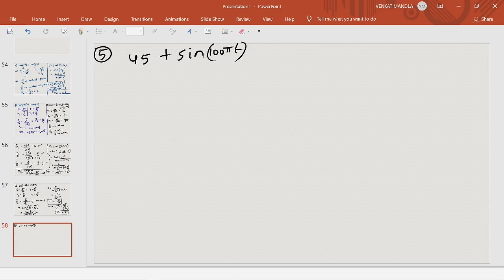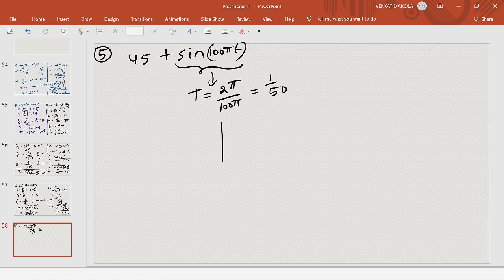First I will draw. Sine 100 pi t is a periodic signal. Its period T equals 2 pi by omega naught, that is 100 pi, so 1 by 50. Its period is 1 by 50.